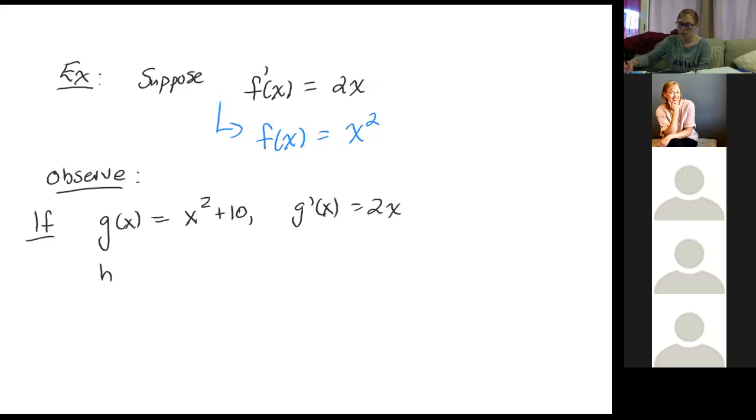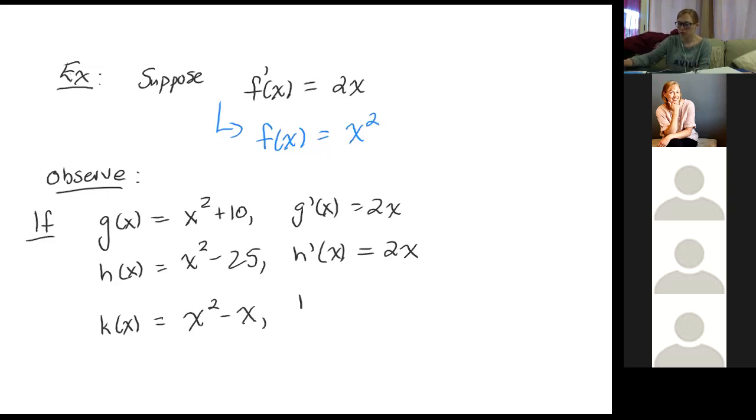If I'm given the function h of x is equal to x squared minus 25, then the derivative h prime of x is equal to 2x as well.